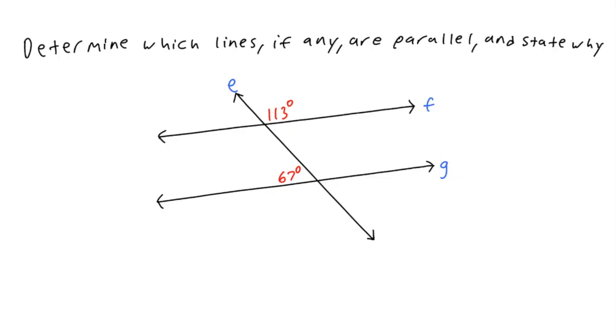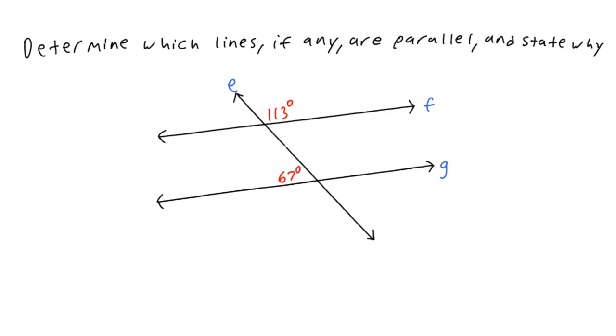Now for an example. Determine which lines, if any, are parallel and state why. So we've got 113 here and 67 here. What we want to do with those is look to see if there's any sort of special angle pair between these lines here.